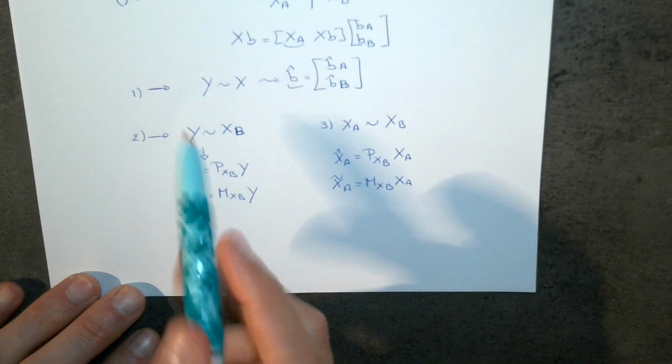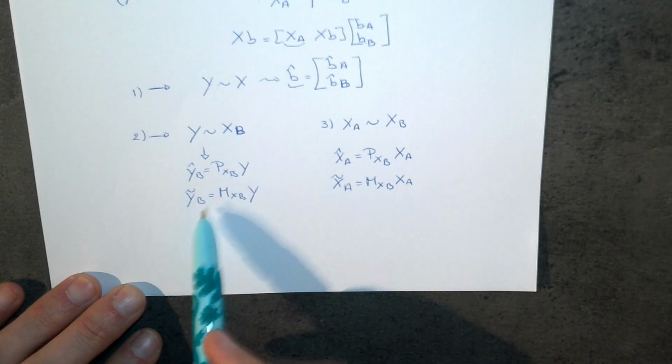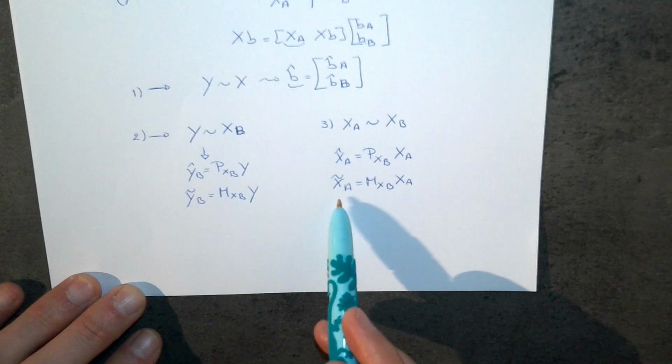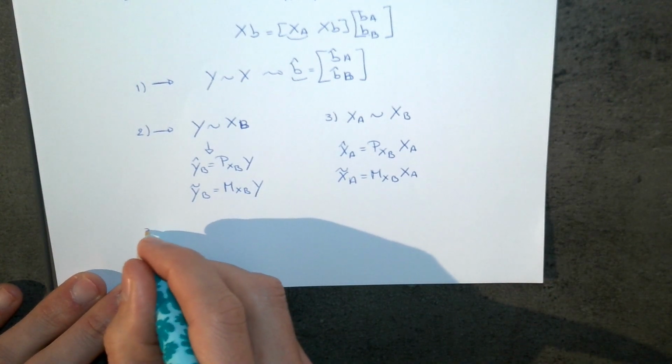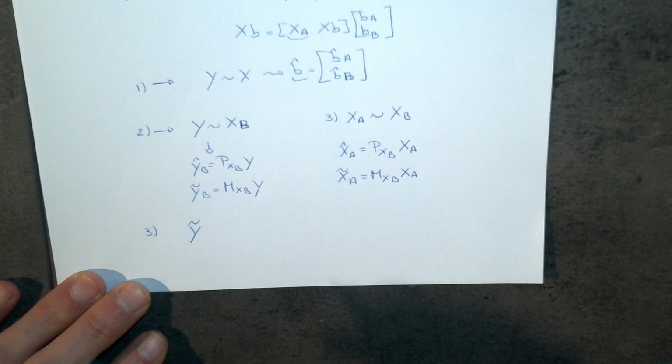Okay, so what you have done here is you have regressed y on xb, you get the residuals, you regressed xa on xb, you get the residuals, and then in the third instance, there's three steps to the Frisch-Waugh-Lovell theorem.